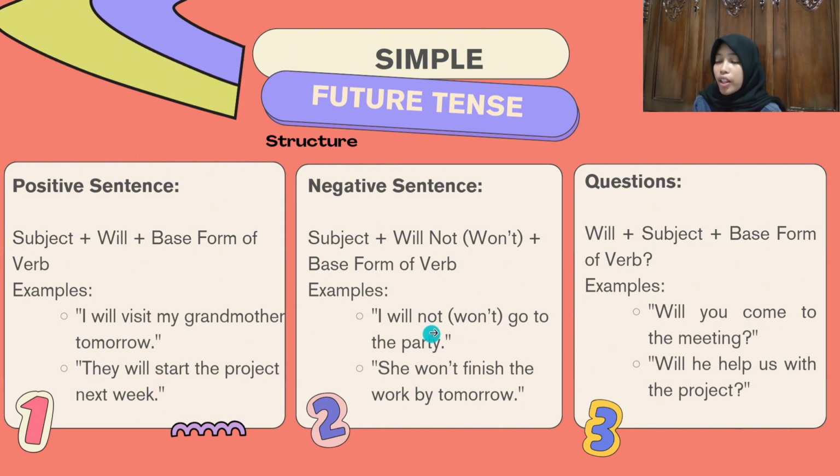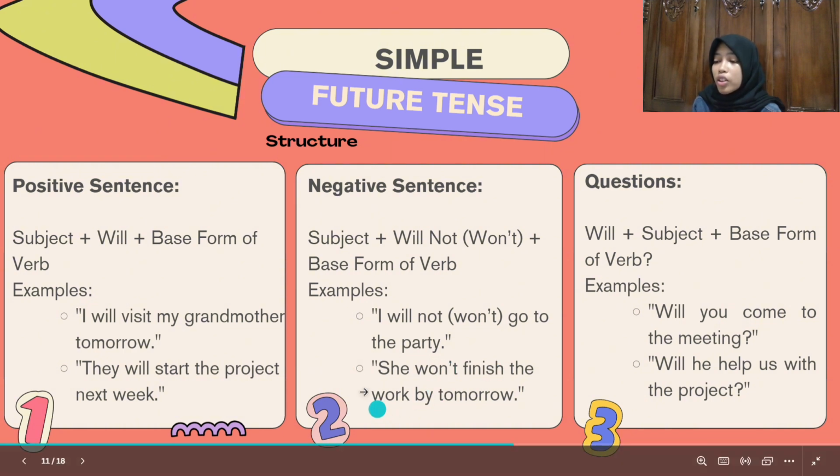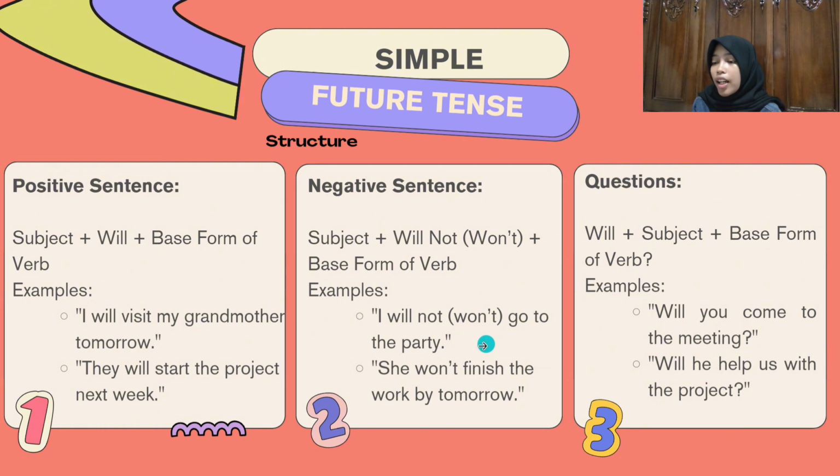I as a subject plus will not plus go as a base form of verb. And then next example is she won't finish the work by tomorrow. She as a subject plus won't or will not in here plus finish as a base form of verb.